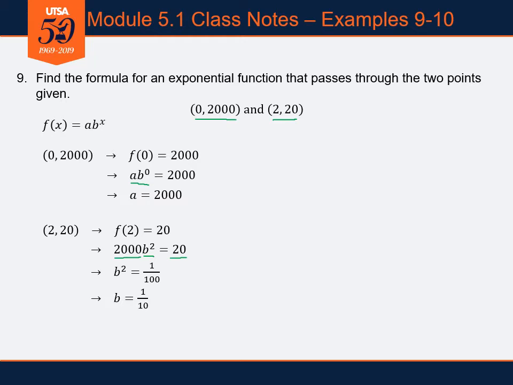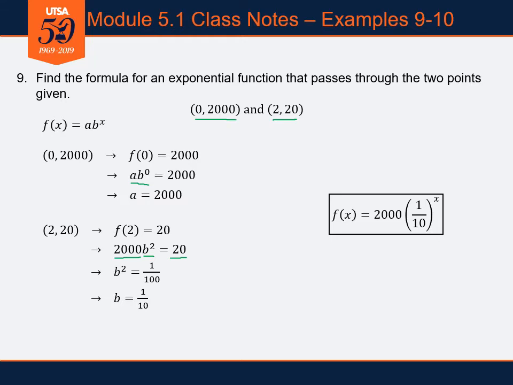And then I can put this information together and say that my formula for the function is f of x equals a times b to the x. F of x equals a, which is 2000, times b, which is 1 over 10, to the x power. And there I've got my formula for my function.